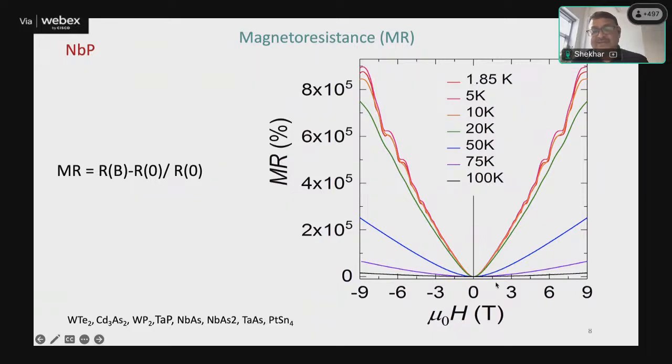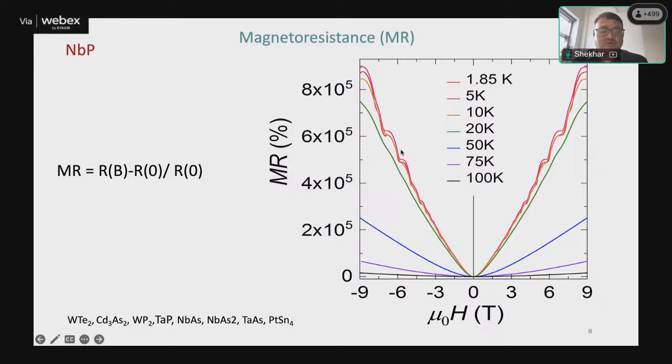The field is on the x-axis, and we measure resistance. Then we converted the whole data into magnetoresistance with this formula: the resistance minus the zero field resistance, divided by the zero field resistance.